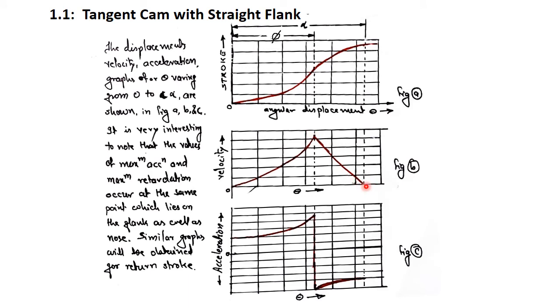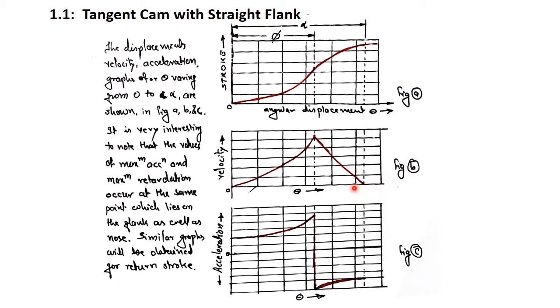So at point alpha, at point H on the surface of nose, velocity comes to 0. Here we can see that the rate of change of displacement is going down and down. So the angle turn is high and the displacement is low. Here the angle turn is low and the displacement is high. So here velocity increases up to this point, and from this point onward velocity decreases and it reaches 0.